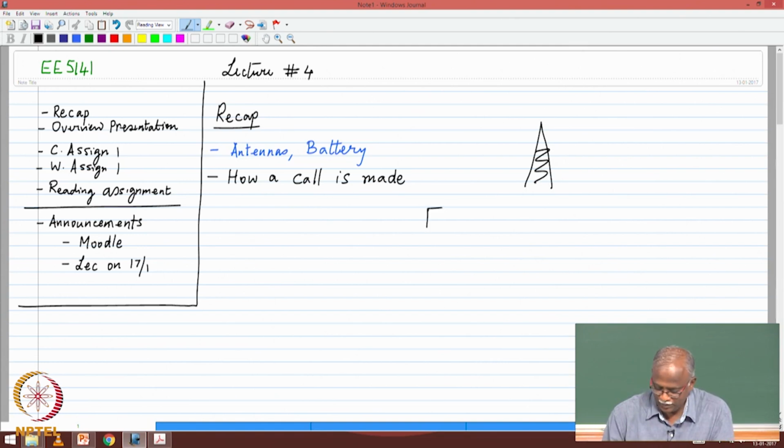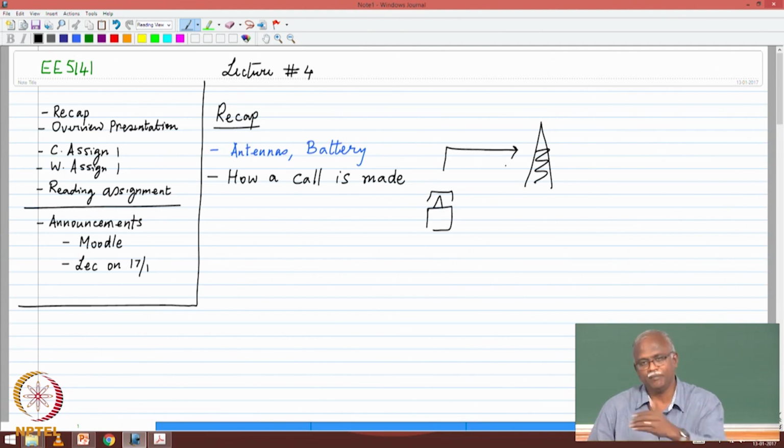There was the landline phone, and it went through a certain process and eventually came up to the cell phone. So, this is the last segment of the call being made.